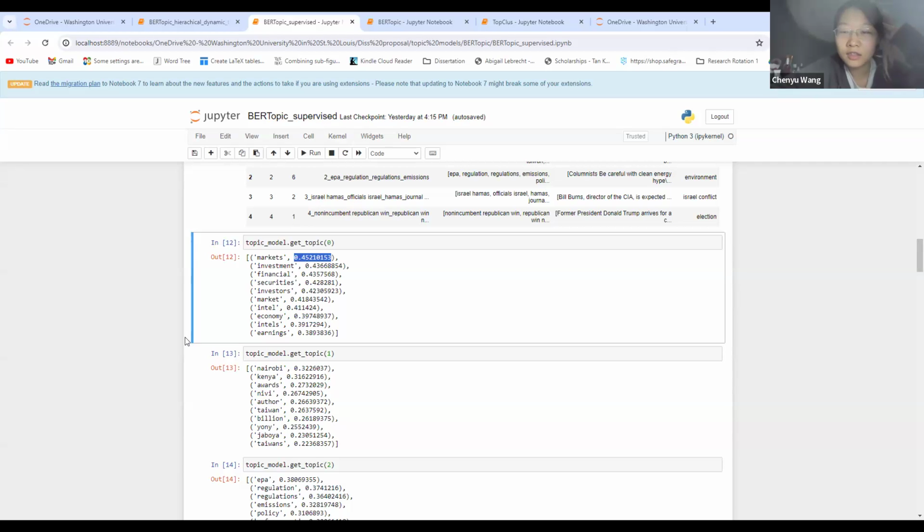Okay, I see. So we just need to know which one is the highest, but we don't need to know how large this number should be for that word to be important. Yes, that is correct.